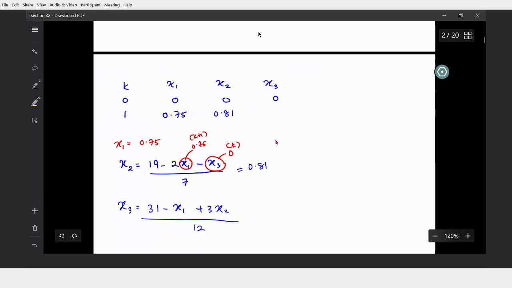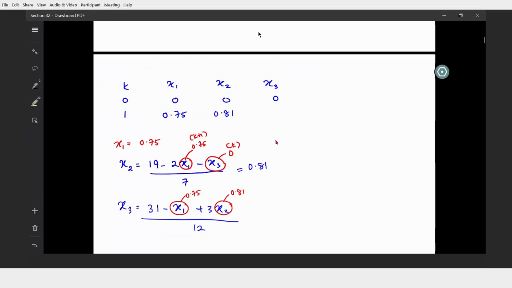For X1 you use the current, which is 0.75, and for X2 you also use the current X2, which is 0.81. You are not using the previous values of X1 and X2.